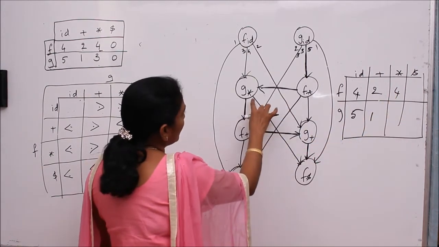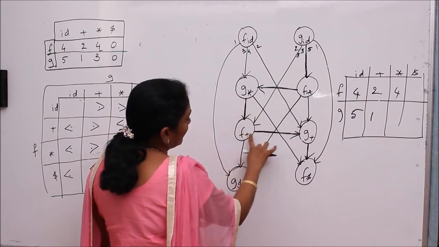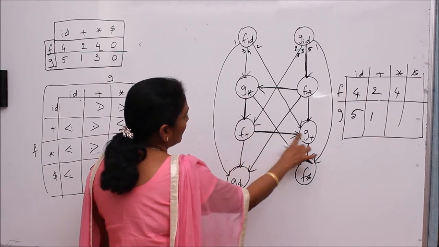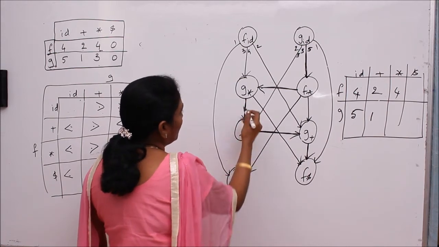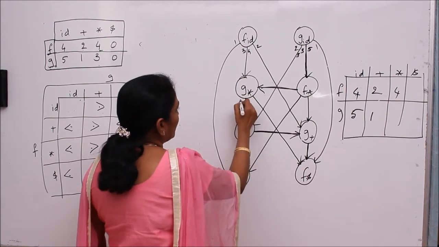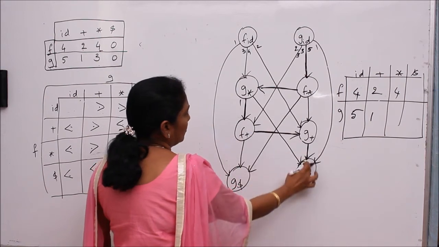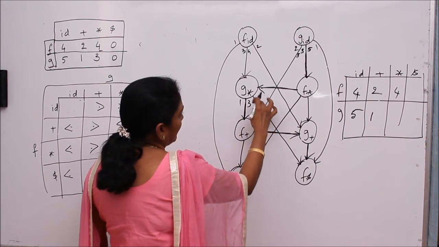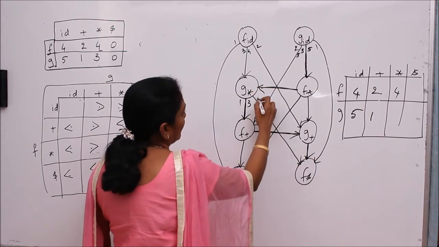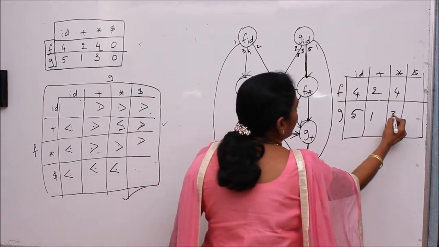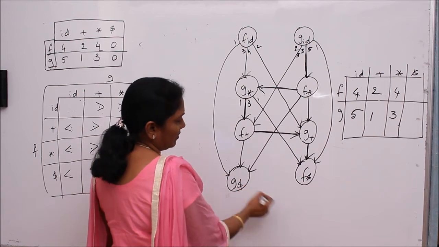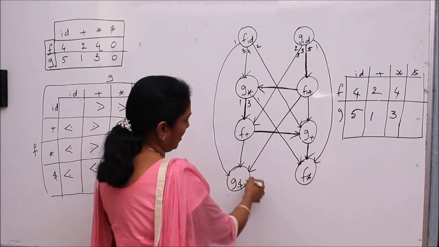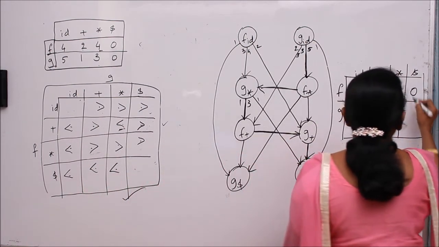And from G star, look at this, 1, 2, 3. If I take this, it is only 1, or if I straight away follow, it is 1, 2, or 1, 2, 3, or if I follow this, 1. So out of all this, 3 is the longest. Coming to F dollar and G dollar, there is no outgoing edge, hence 0, 0.